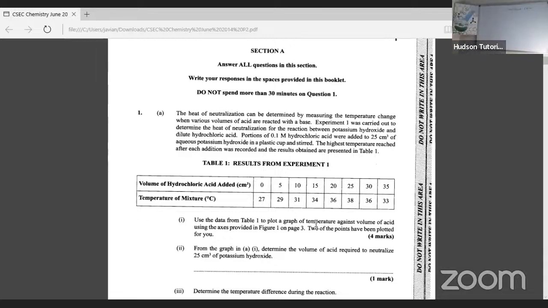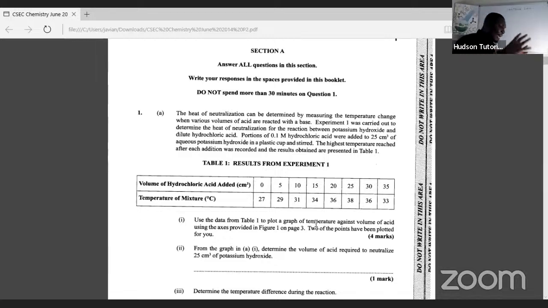Portions of 0.1 molar HCl were added to 25 cm³ of aqueous potassium hydroxide in a plastic cup and stirred. The highest temperature reached after each addition was recorded, and the results obtained are presented in Table 1. So let's now look at Table 1, right?